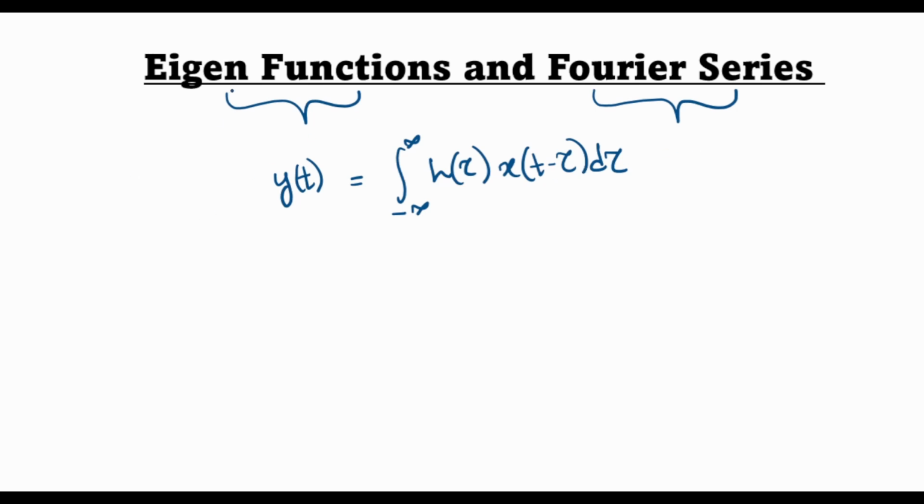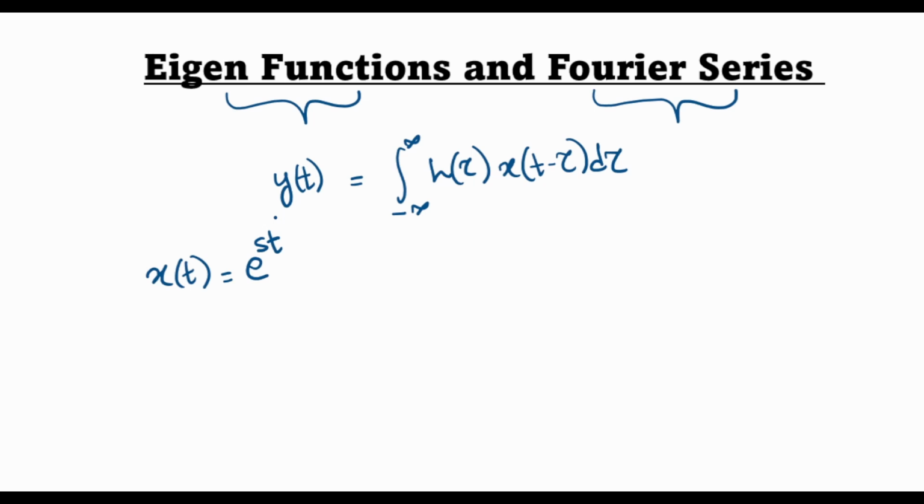Now this peculiar property of being an eigenfunction of an LTI system arises when the input x of t is chosen as a complex exponential e to the power st.